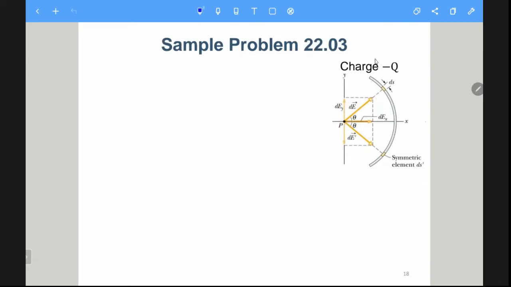And since the charge over this rod is negative, ds is also negative, ds prime also negative. So the dE generated at point P by ds should point to the upper right, and the E field generated by ds prime should point to the bottom right.